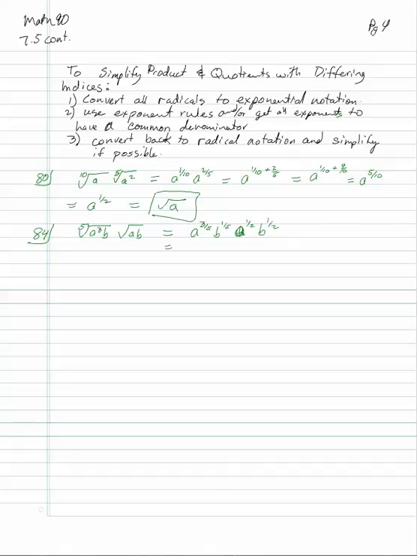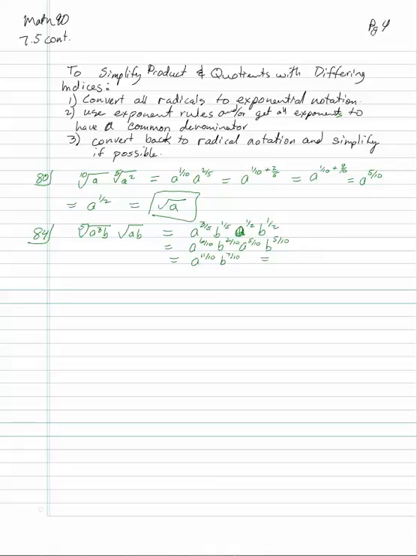So now we can get them all to have common denominators. They'll be tenths. So 6/10, 2/10, 5/10, 5/10. So we're going to get a to the 11/10 and b to the 7/10.